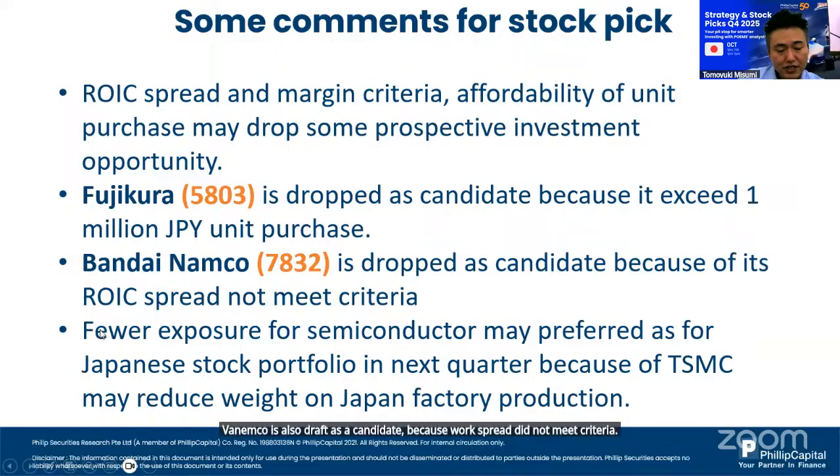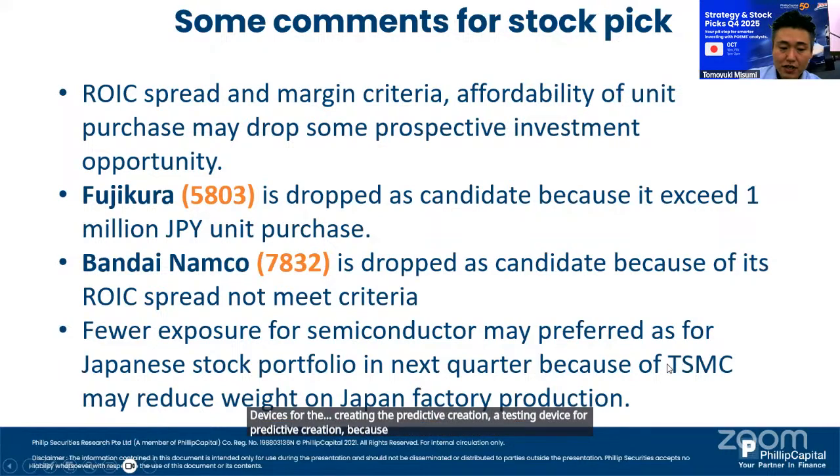So I have to say that true exposure to semiconductors may be preferred for a Japanese stock portfolio, like the devices for chip creation and testing devices for chip creation, because TSMC reduced weight on Japanese factory production.